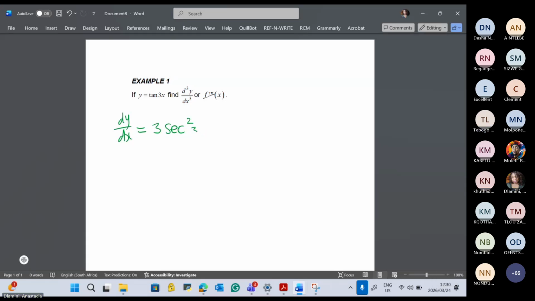Thank you. That's your first derivative. Are we together? Yes, ma'am. We are not done because we want the third derivative. So d squared y over dx squared is equal to, what's the derivative there?